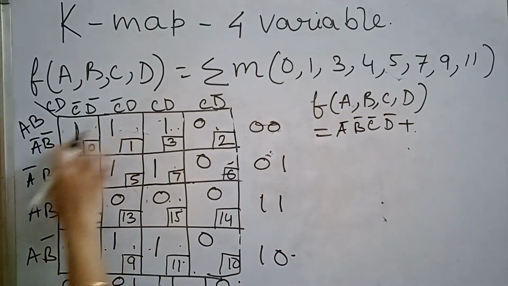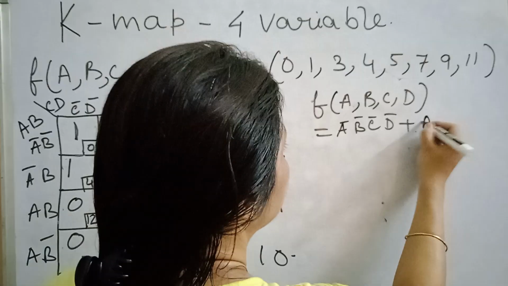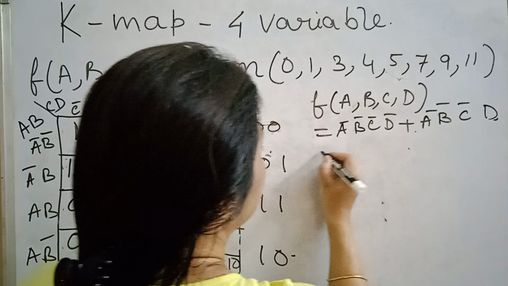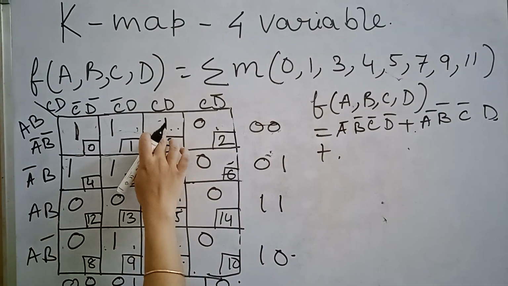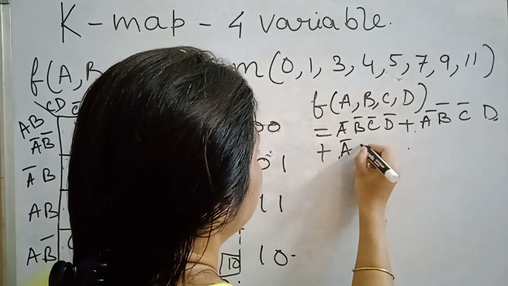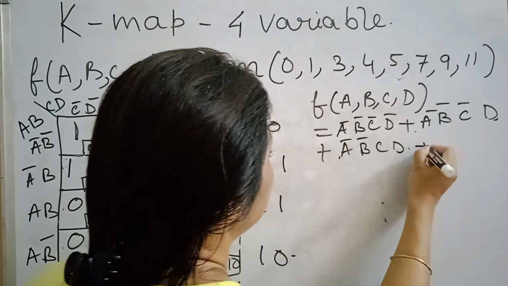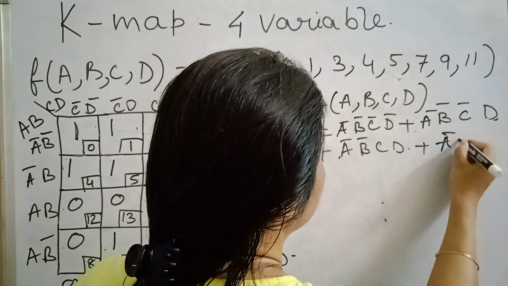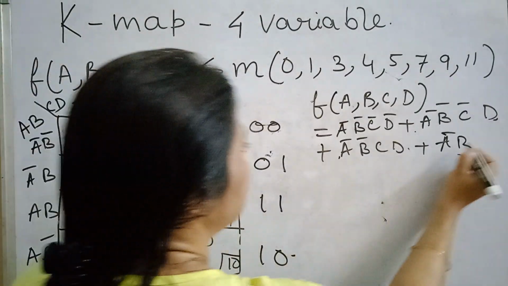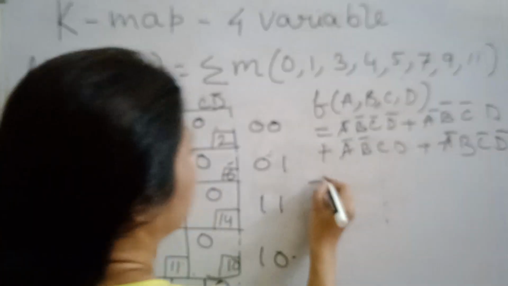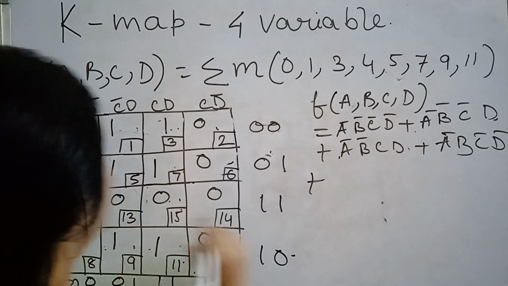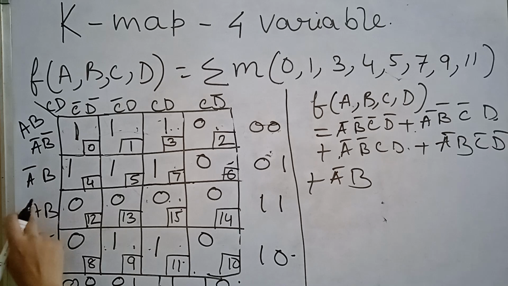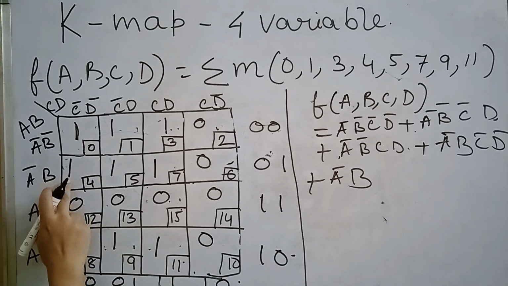Now this one, A bar, B bar, C bar, D. Now this one is A bar, B bar, C, D. This one is A bar, B, C bar, D bar.